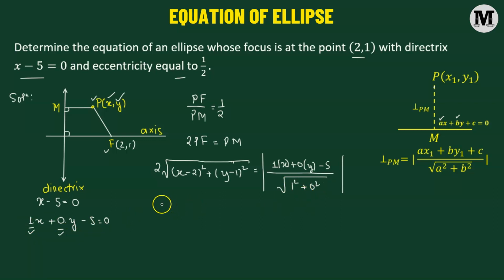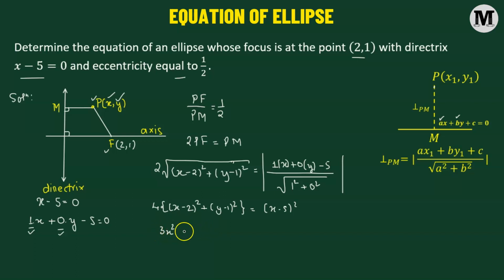Now let's square both sides to get 4 multiplied by (x minus 2) whole squared, added to (y minus 1) whole squared, and this will be equal to, in the numerator we have x minus 5, so we have to square this, (x minus 5) whole squared, and in the denominator that's simply 1, squaring it also gives us 1. Now when we simplify this, we're going to get the final expression.